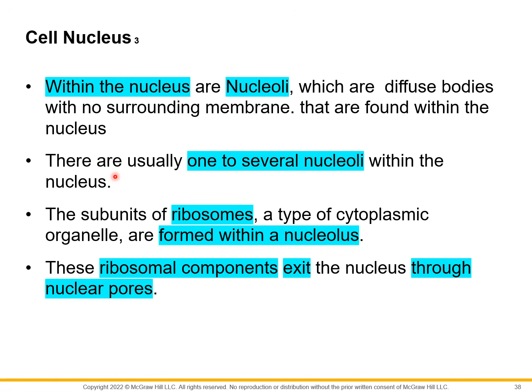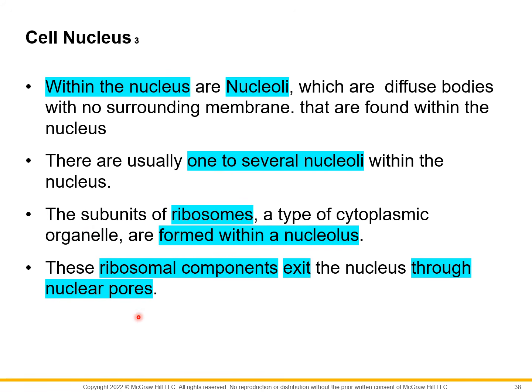The subunits of ribosomes, which is also an organelle, is formed within the nucleolus. Okay, so may mga organelles po na usually present sa labas, or present dun sa cytoplasm, ang nagagawa sa loob ng nucleus or ginagawa ng nucleoli. An example of this is the ribosomes. So these ribosomal components would exit the nucleus through the nuclear pores.